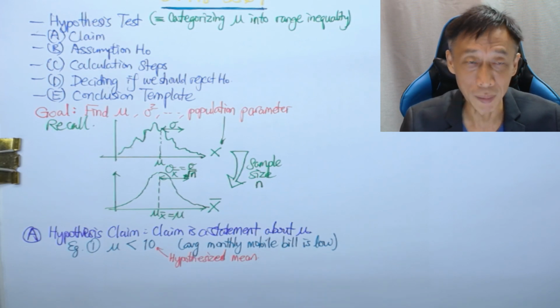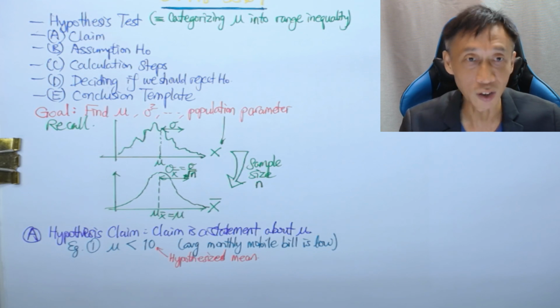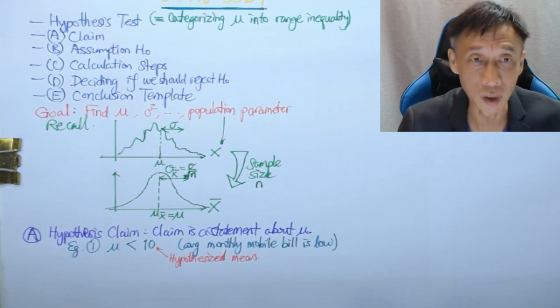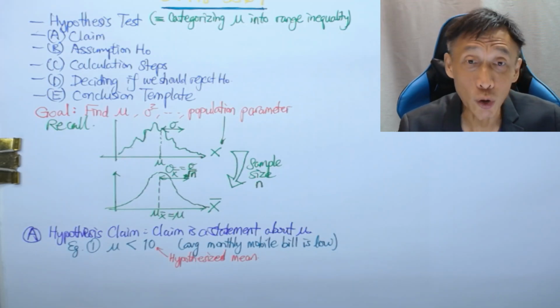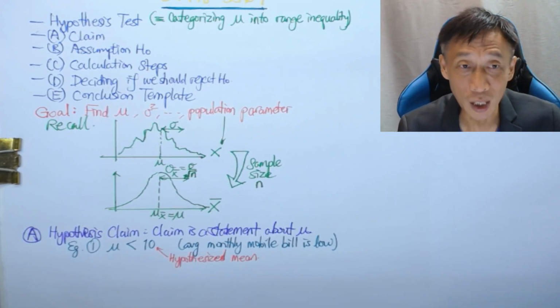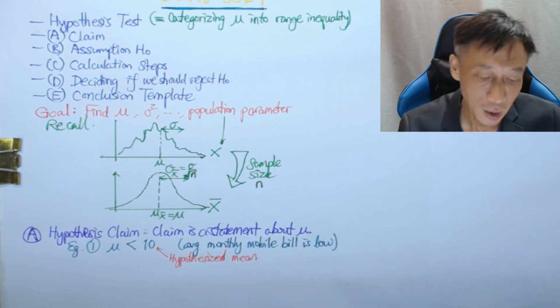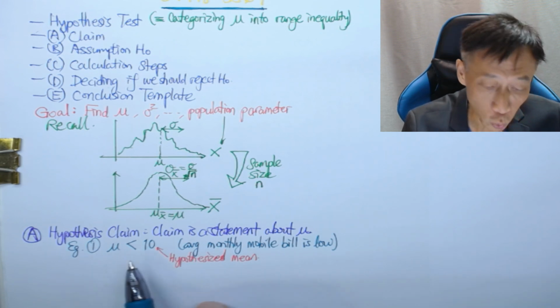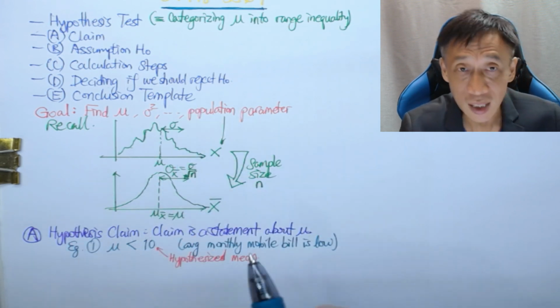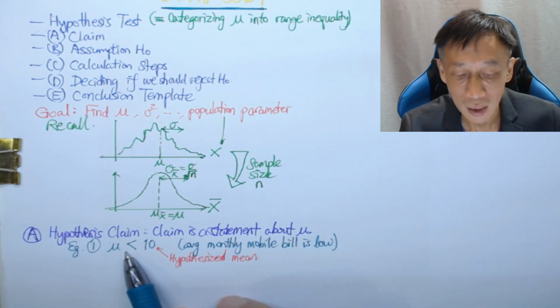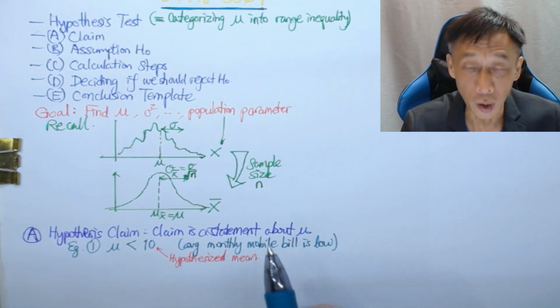The family members have been paying and just told him, it's quite low, so don't worry about it. So that's why he thought it's low, right? So it may not be true. It's just an assertion without proof, without data to back up. So then we need to perform a hypothesis test to decide whether this claim is true or not true.